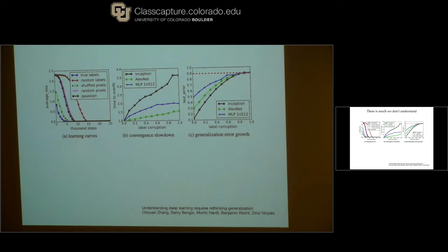So this seems like a big mystery: how is it that these neural networks are so over-parameterized that they're able to fit any setting of the labels that you give them, yet they generalize when you give them the real labels? Yeah? If you're shuffling according to a distribution, would it be that the network is learning the distribution itself, the shuffling distribution?